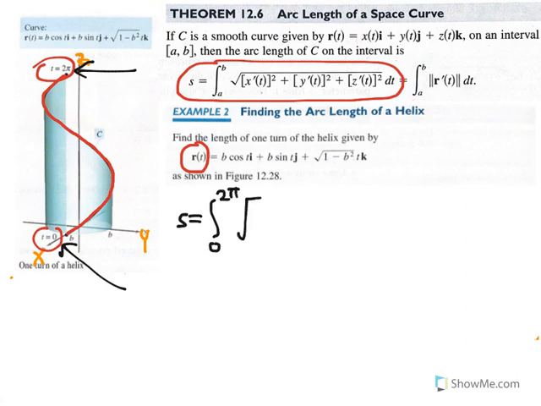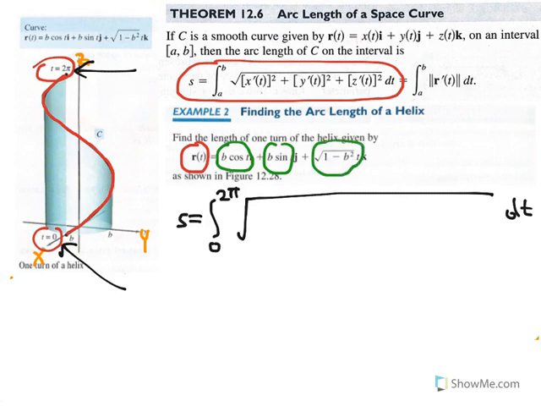And the integrand will be the square root of, we're integrating with respect to t, and in the radicand I need to find the derivative of each of my 3 component functions, and then I have to square each of those derivatives.